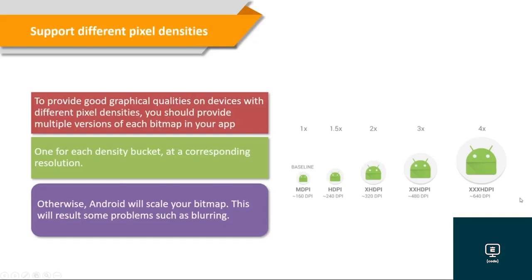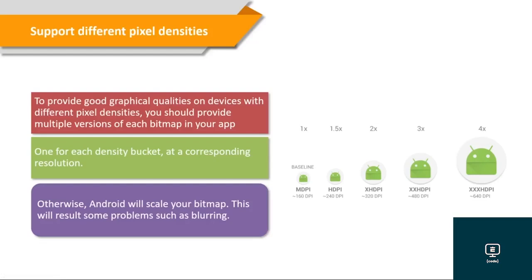The Android operating system considers MDPI as a base measurement unit. The other dimensions are determined according to this size. So I'm going to show you how to resize your images according to these dimensions.